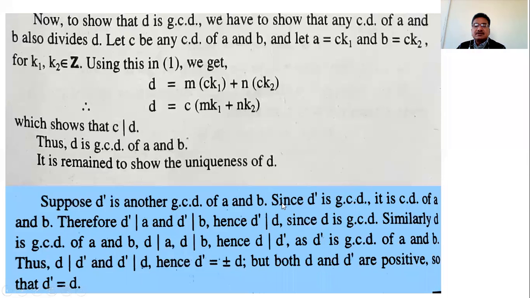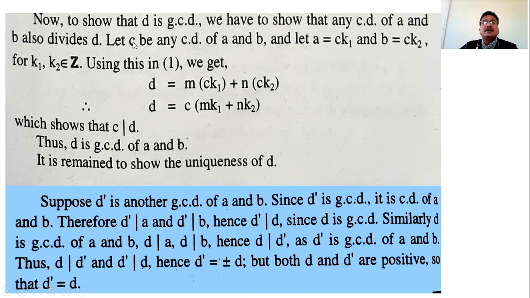So suppose C is any common divisor of A and B, that is, there exists a C such that C divides A as well as C divides B. Now we have to show that D is the greatest common divisor among all common divisors.